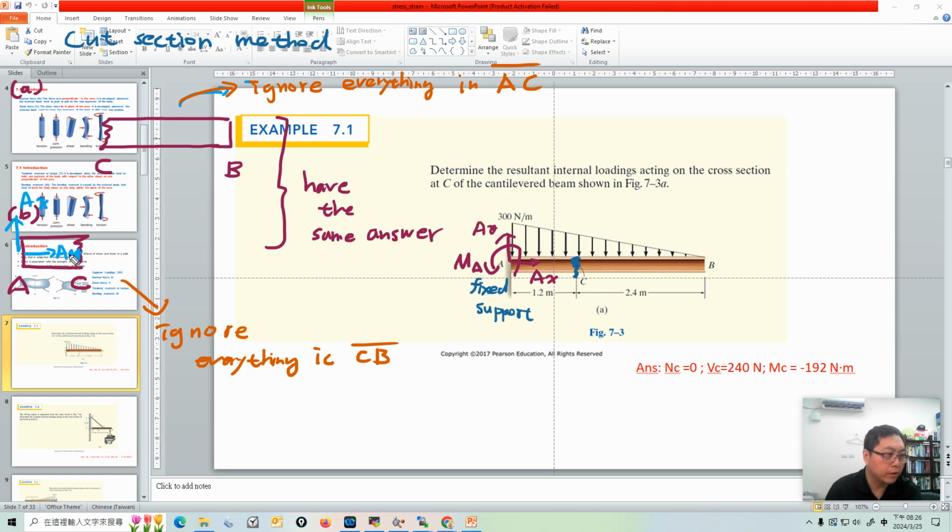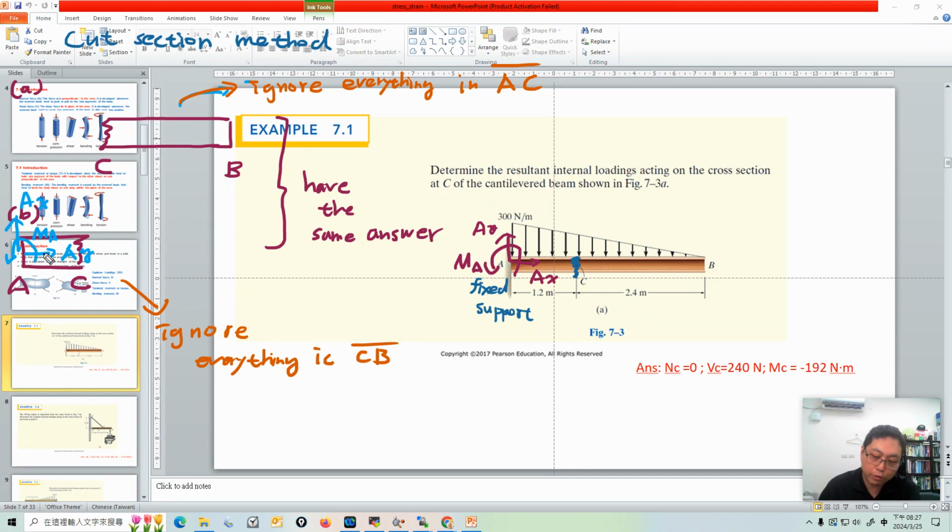Sorry, that's wrong. If you use the AC section to do the calculation, you have to calculate the reaction force at A and also the reaction moment at A. To calculate the internal force at section C, you need the reaction force and reaction moment from A. But if you use the CB section, you don't have to consider the reaction force and reaction moment at the fixed support.